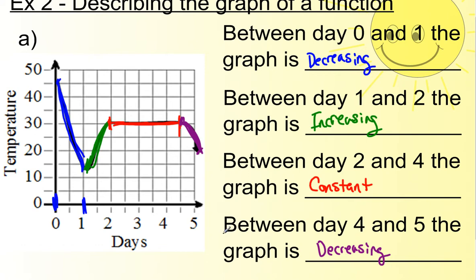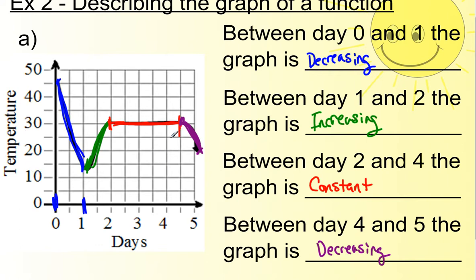So now we have this graph broken down into sections. It's not just, oh, this is nonlinear, increasing and decreasing. Between days 0 and 1, the graph is decreasing. Then between days 1 and 2, it's increasing. Then between days 2 and 4, the temperature remains constant.